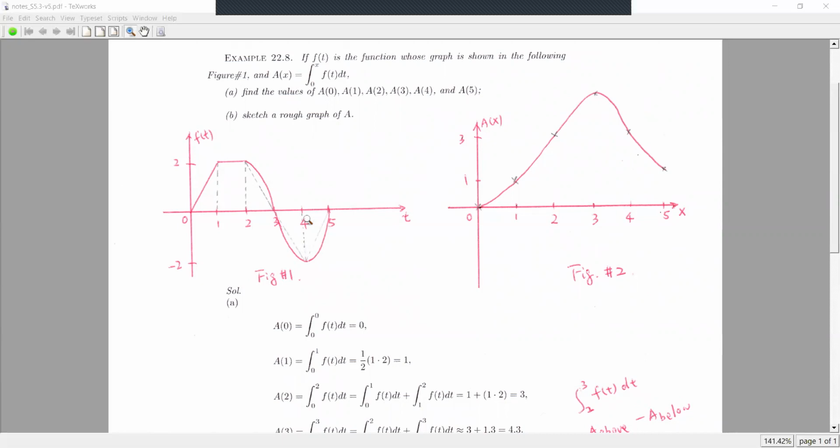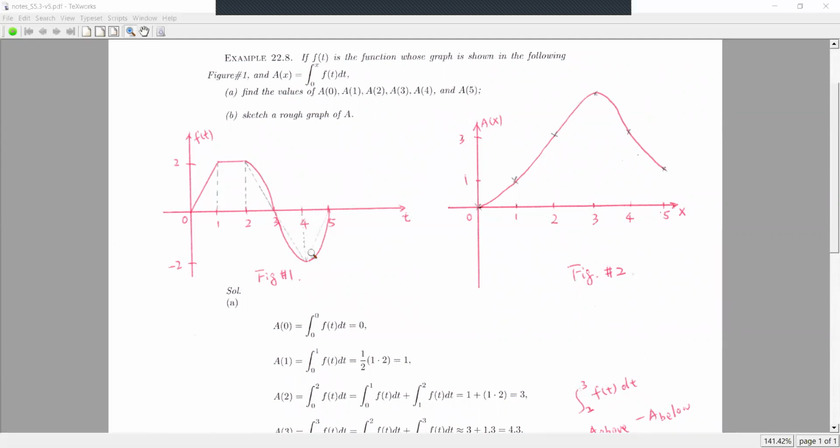The net area of this region is the area above, which is 0, minus the area below. The area below is the area of this region. Again, I use this triangle to guess the area of this region.